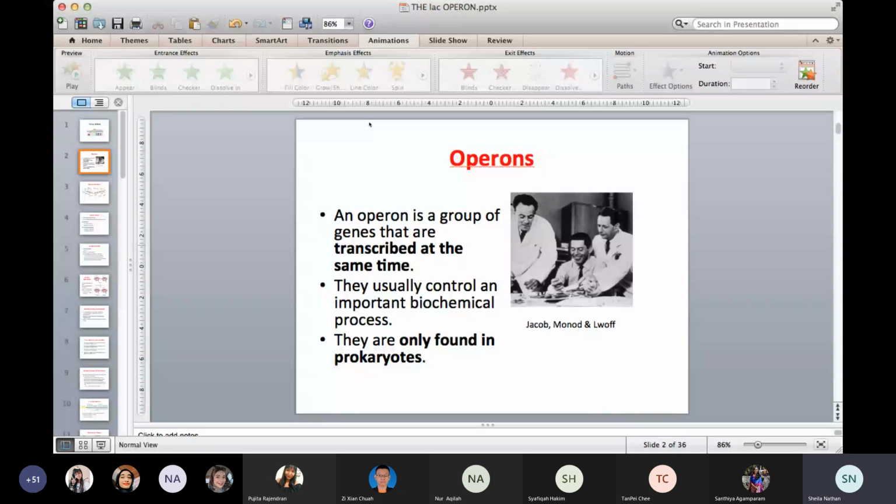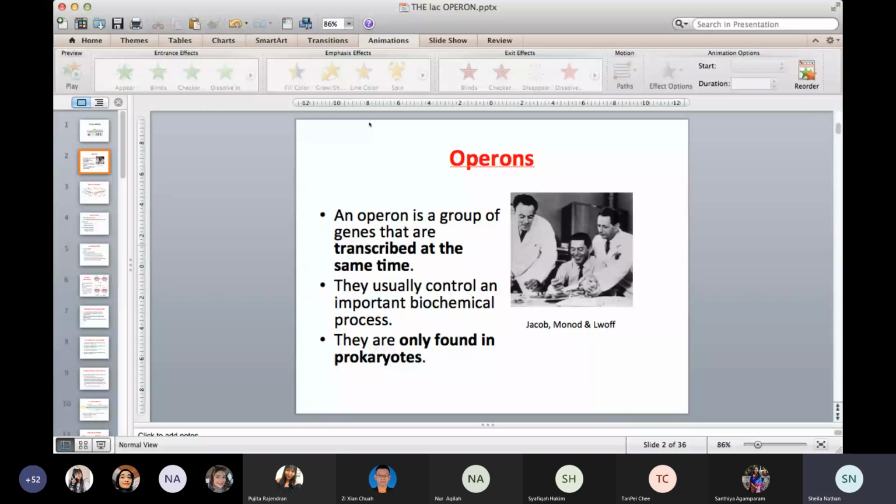If only 2 are present, then you don't have the eventual product, or the biochemical reaction doesn't take place. So you need to ensure that all 3 proteins are produced together, and that's why they are controlled by a single switch, a single promoter. Operons are only found in prokaryotes. You will never find operons in eukaryotic cells.